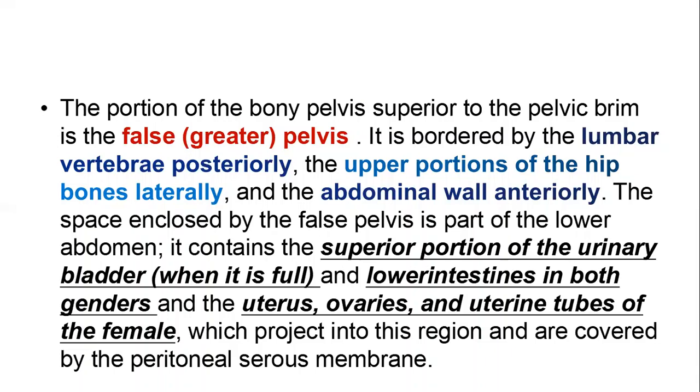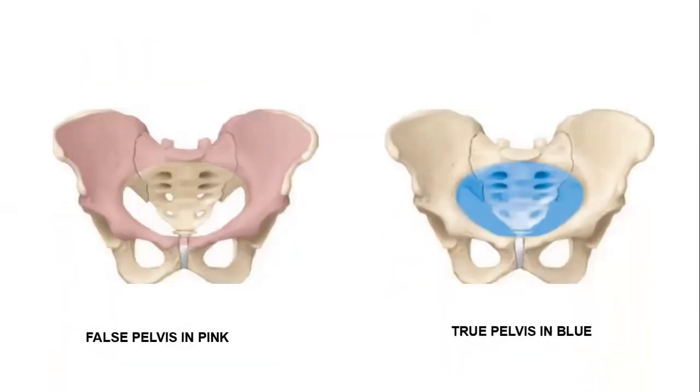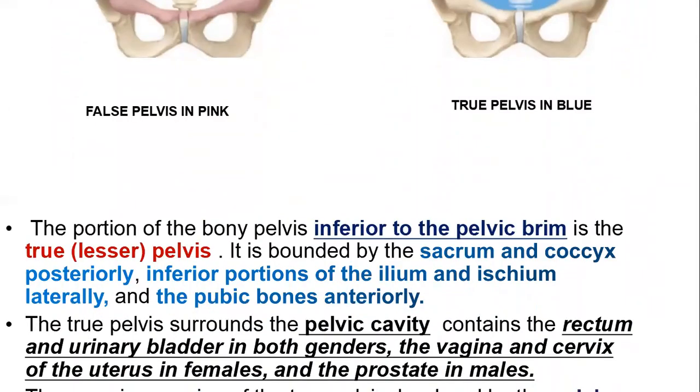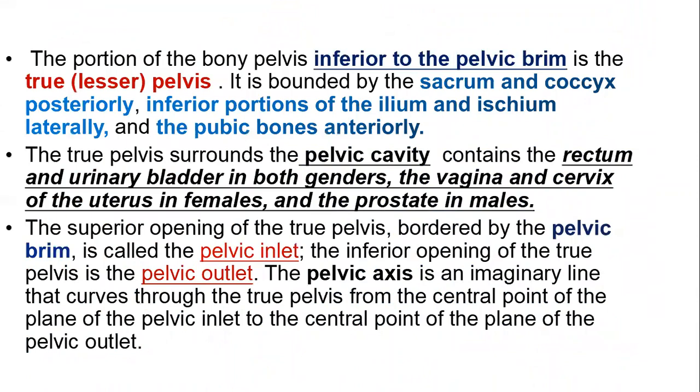Okay, moving ahead, the part painted pink is the false pelvis or the greater pelvis. And on my right, we have the part painted blue, which is the true pelvis. The portion of the bony pelvis inferior to the pelvic brim is the true pelvis or the lesser pelvis.